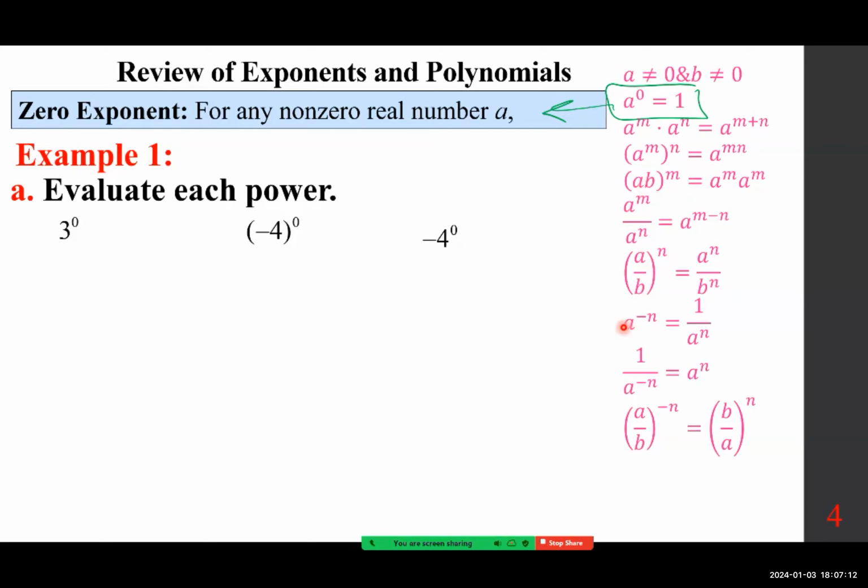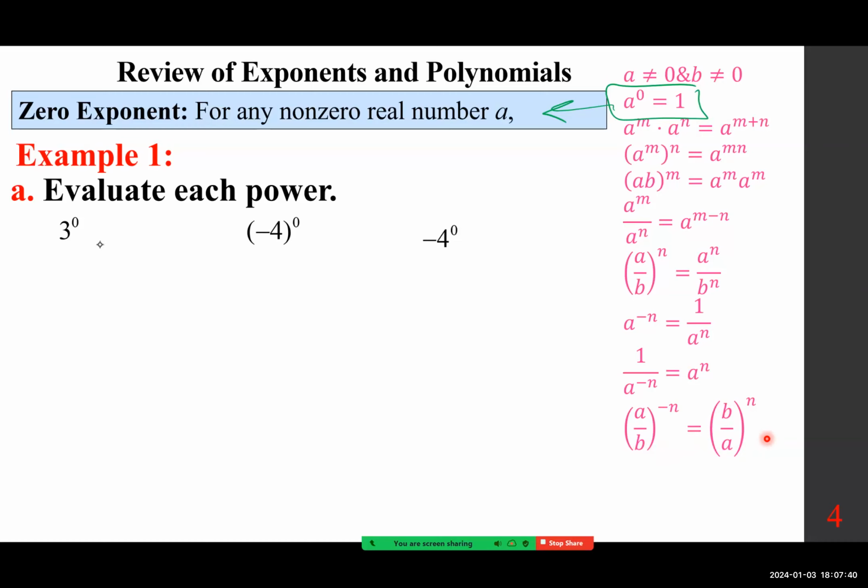Any number to the power of negative n is 1 over the same number to the power of positive n, and 1 over a to the power of minus n is a to the power of n. Meaning, if you have a negative exponent, just move it up or down and make it positive. And if it's a over b to the power of negative n, you write its reciprocal to the power of positive n.